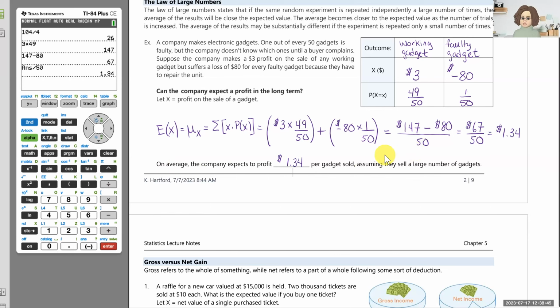This is assuming they sell a large number of gadgets. So again, if they only sold one and it was good, they'd make $3. Right? But in the long run, eventually, you're going to see these probabilities kick in where 1 out of 50 is a bad gadget and the other 49 out of 50 are good, balancing out to still a profit.